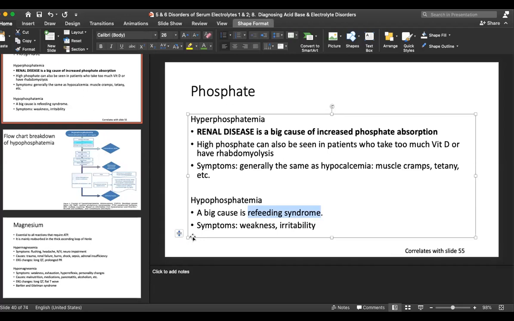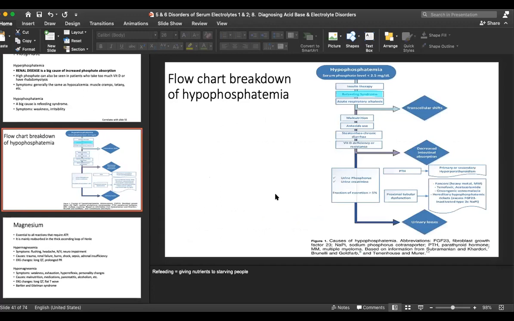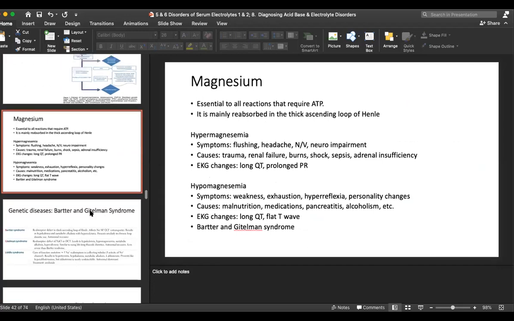They don't have enough stores, and other things are going up when phosphate is not, so they can have hypophosphatemia. So just know that it goes with refeeding syndrome. Again, refeeding syndrome, hypophosphatemia. Make sure you know that.